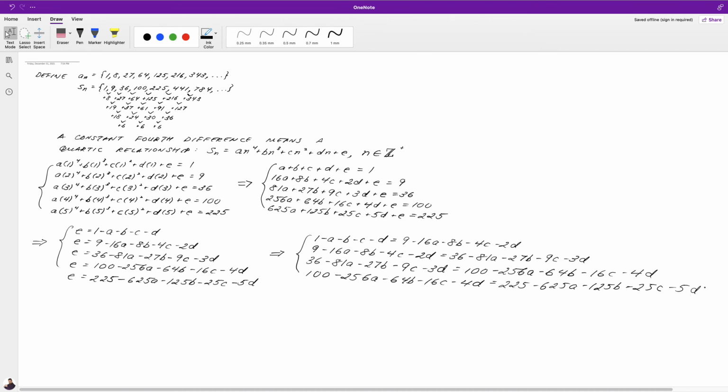Let's check that and make sure we have committed no careless errors. All right, first equation looks good. Second equation, good. Third equation looks good. And then fourth equation looks good.